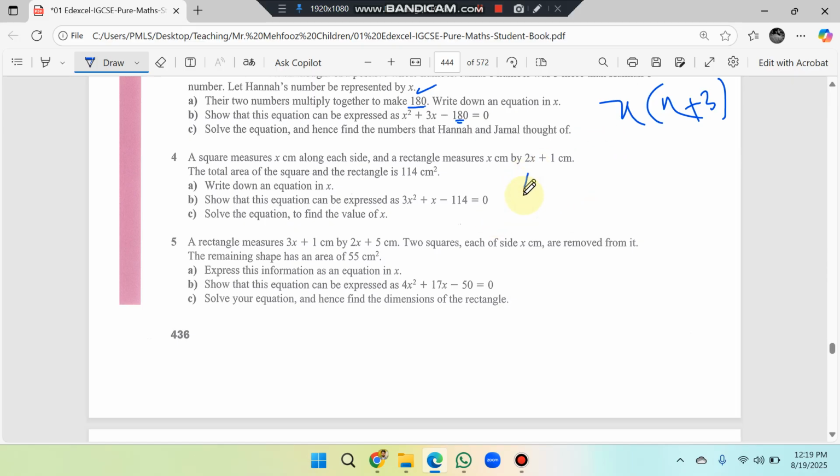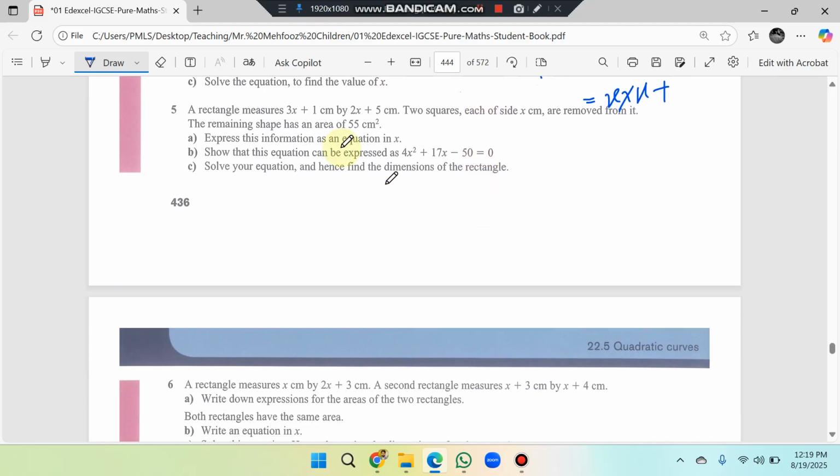It means that the total area will be equal to the area of the square plus the area of the rectangle, right? So the area of the square can be found by x multiplied by x, and the area of the rectangle can be found by multiplying x with 2x plus 1, right? And your answer after adding these two areas will be 114.